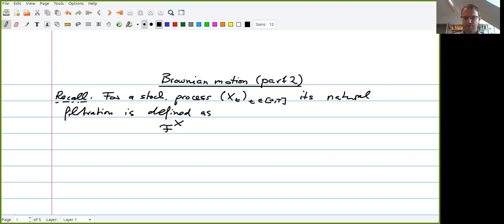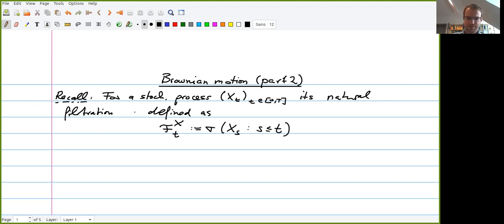The X refers to the stochastic process, and it's the minimal filtration you need to consider in order to make the process X adapted. This means I consider the sigma algebra generated by the pre-images of all these random variables X_s, where s is less or equal than t.